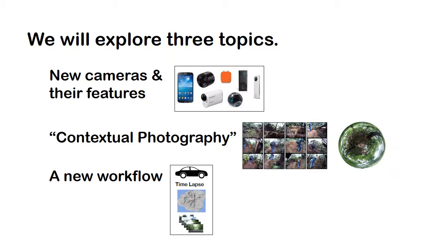Now that we've established our general goal for documentation, let me tell you about some of the new cameras that I've been using. I'll also describe the features of these cameras that I've found to be useful. Then we'll look at how these cameras can be used together to provide the breadth of photo coverage that I believe is important for documentation.